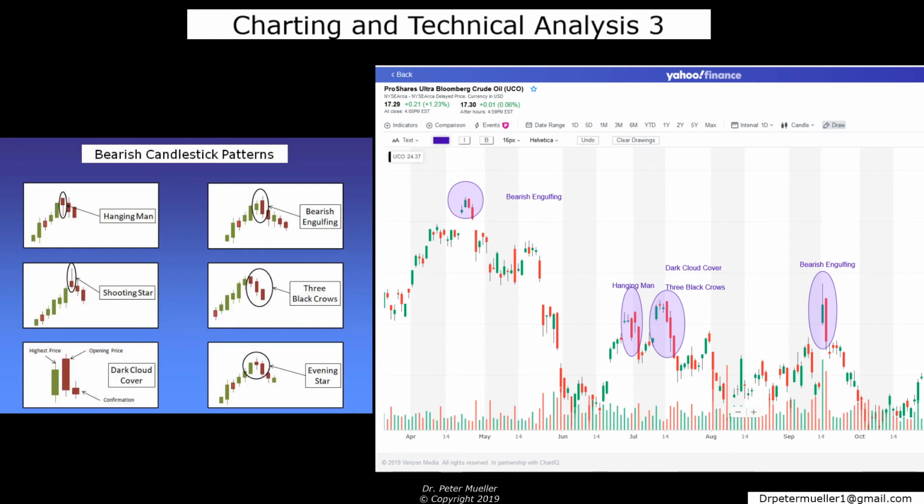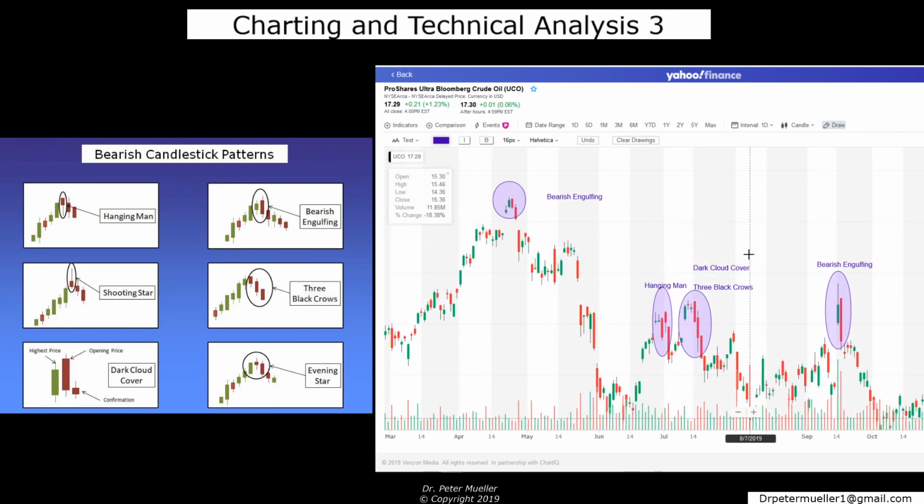Now, how do these look like in the real world? I have here taken a real example. The first one you see here, bearish engulfing. You see at the end of an uptrend, you have a green candlestick followed by a red candlestick, and the body of the red one is bigger, fully incorporating the size of the green one.